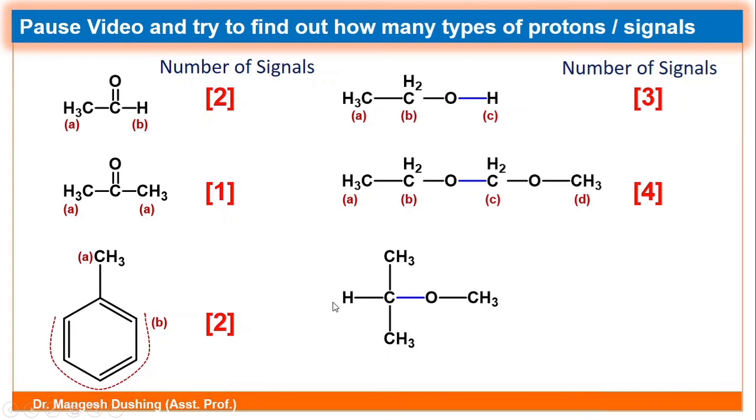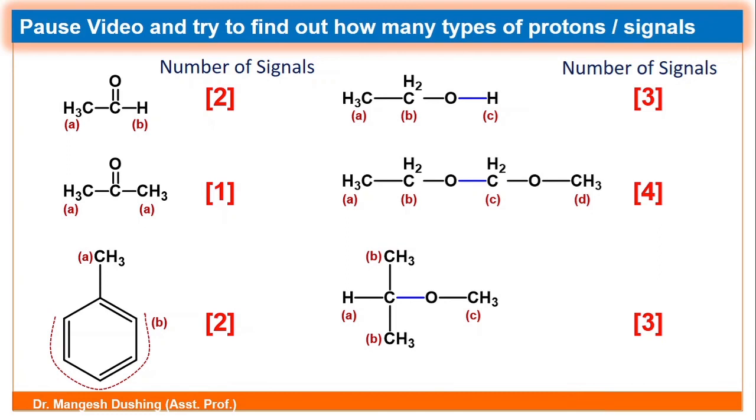This CH3 is also attached to the same group. If you put a plane of symmetry like this, then this CH3 images as this CH3. So this CH3 and this CH3 are the same. So HA, HB and HC. So there are 3 types of protons and 3 types of signals appear for the molecule.